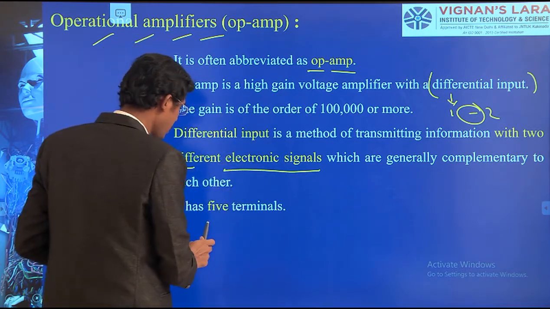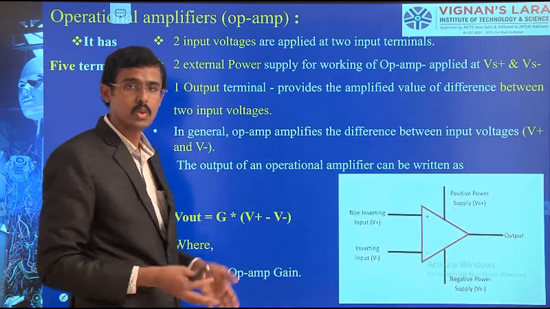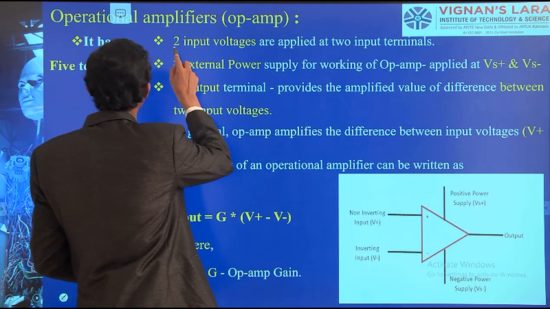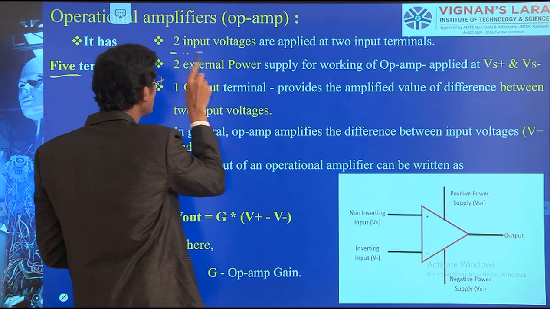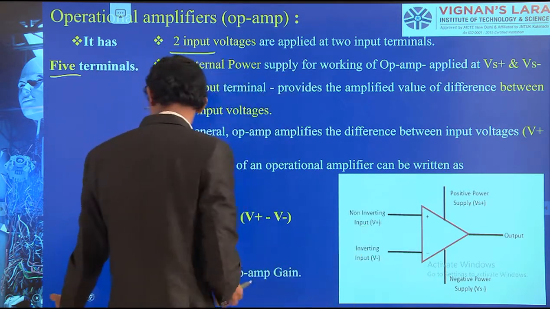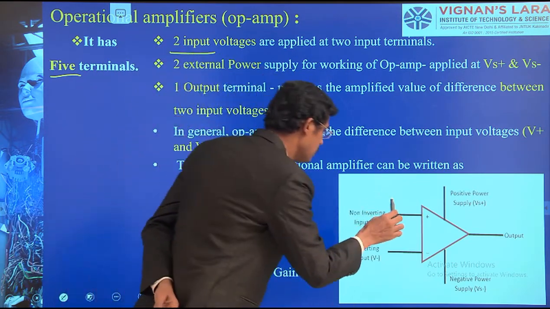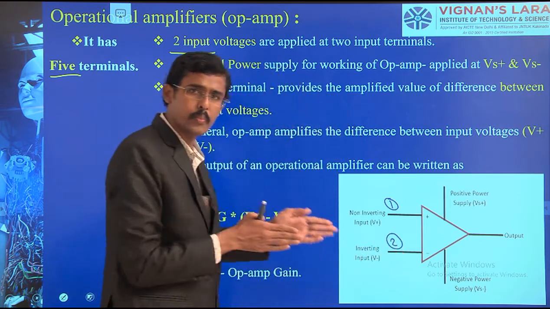It has 5 terminals that we see. How does the setup look? So it has 5 terminals. 2 input voltages are applied to the 2 input terminals. I have the number 1 and number 2, 2 inputs I am giving.